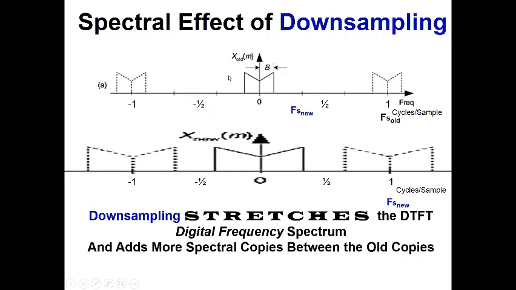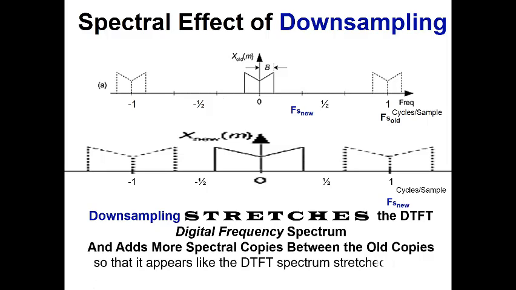We've taken these and squeezed them in towards 1/2. What we've actually done is change where that sampling rate is, put our new spectral copy in, and rescale the axis. So in the analog domain, it looked like we put more copies in between. In the digital domain, we still only see these first copies, but now they're getting closer and closer together. So it appears like our DTFT spectrum was stretched inward towards the Nyquist rate.